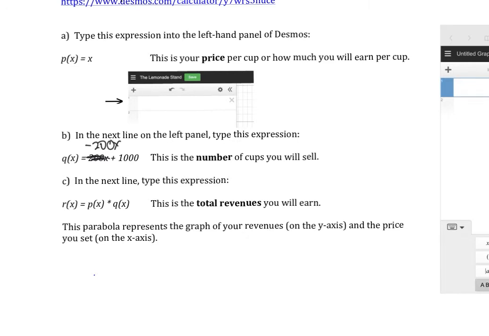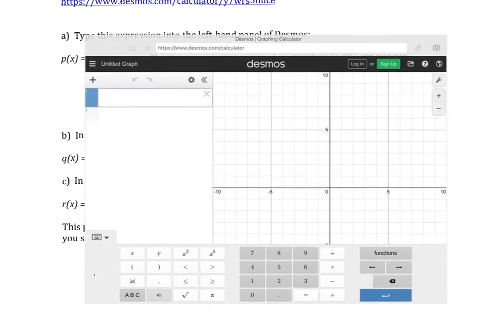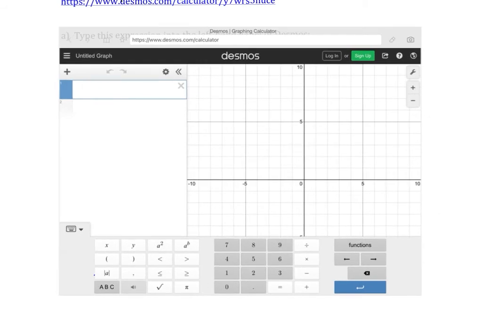Okay, so we go into the Desmos graphing calculator, and we're going to type in here that P of X is equal to X. Sorry about this typing here, that's just our price, we said we're going to call that X. Okay.